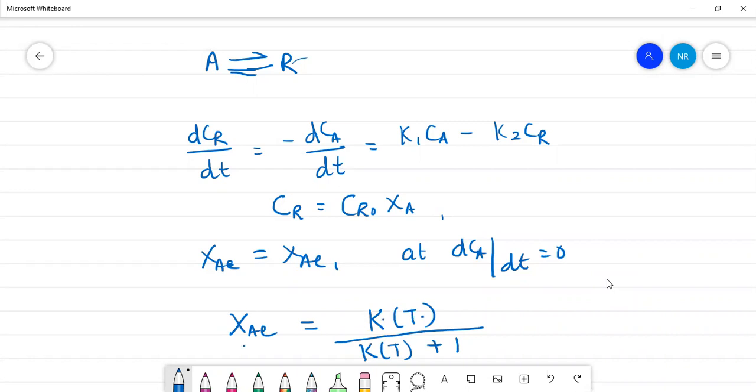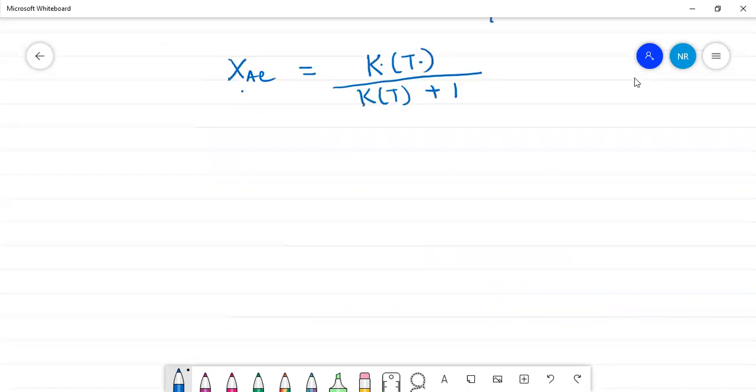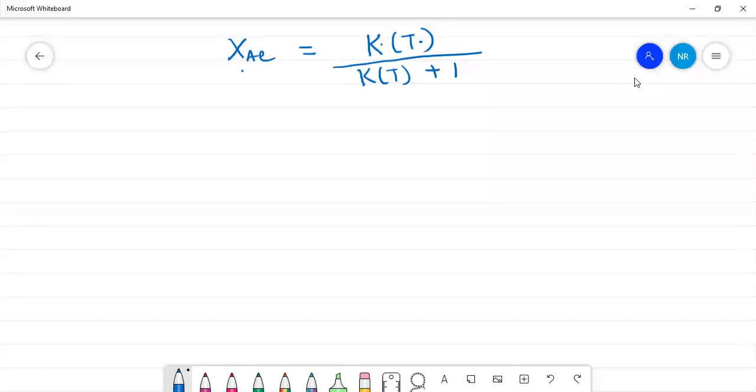Now we have to draw one table: temperature in degrees centigrade, temperature in Kelvin, then rate constant K value at that temperature, and then XAE. Then we draw a graph of XAE versus temperature, and XAE versus Celsius.